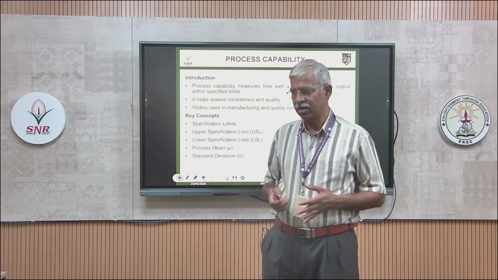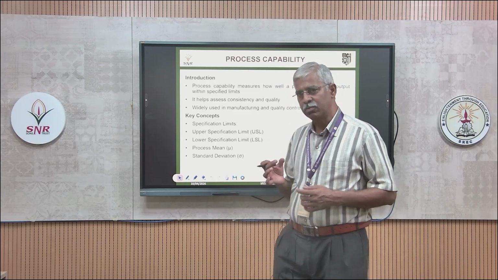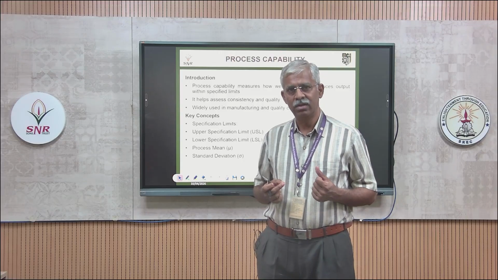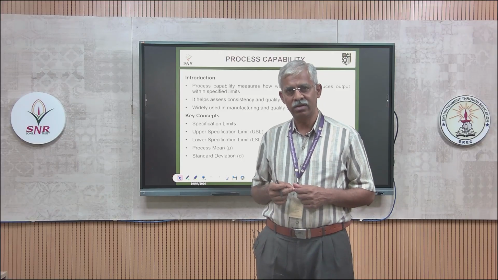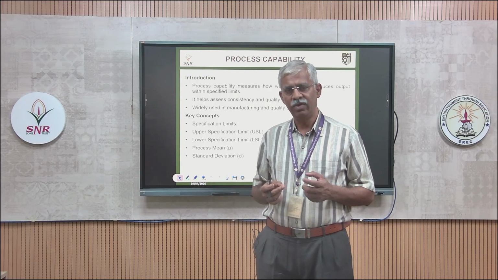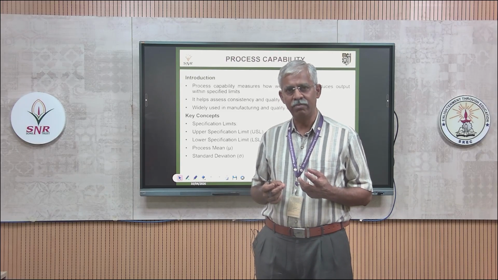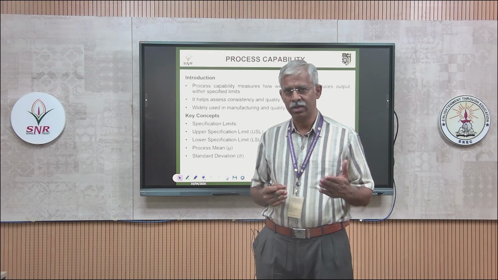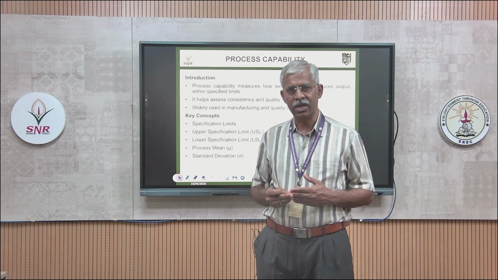Because, for example, let us consider a small shaft having the diameter 50 millimeter, where plus or minus 1 millimeter variation is allowed as per the requirement. We cannot make 50 mm diameter shafts exactly, so we are permitting a little deviation, plus or minus 1 millimeter, on the size of the shaft.